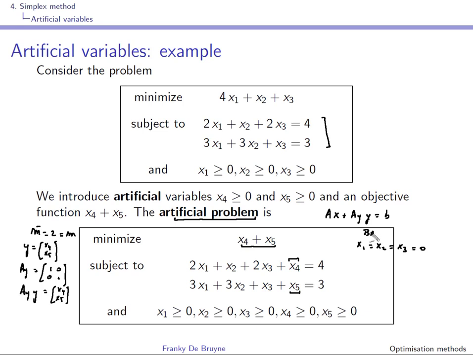This is the basic solution you can start from, and you can then read the value of x4 from the tableau. So x4 is equal to 4 and x5 is equal to 3.